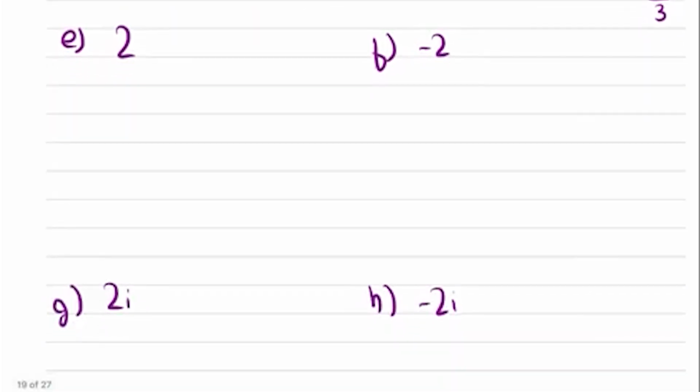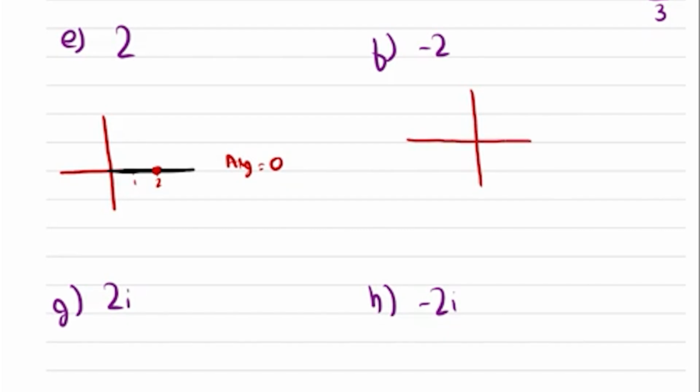Let's do more examples. It's written 2. 2 means that it lies here. That means on the starting line, on this point. So my argument will be on the starting line, that's 0. Minus 2. So minus 2 lies where?